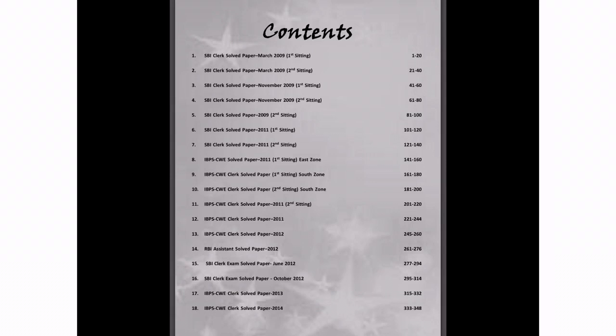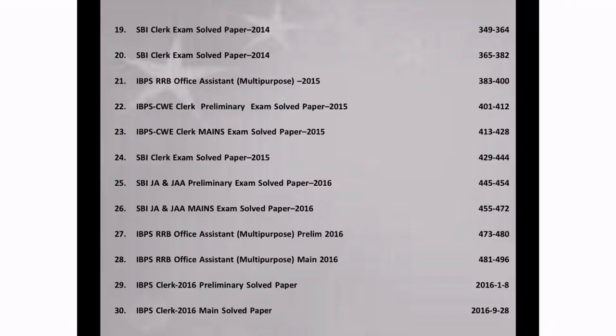Just see, there are so many papers. SBI Clerk exam solved paper 2009, SBI Clerk 2012 exam paper, SBI Clerk 2014, and most importantly the SBI Junior Associate preliminary exam paper 2016; the SBI Junior Associate mains exam paper is also available. So this is a very good book. You can buy and practice these papers. If you practice these papers, you can easily pass the preliminary exam, I feel.